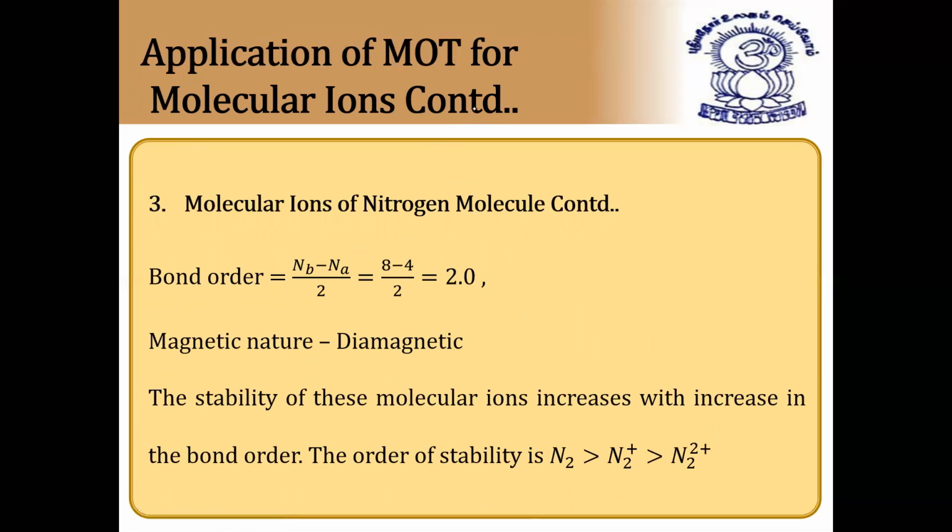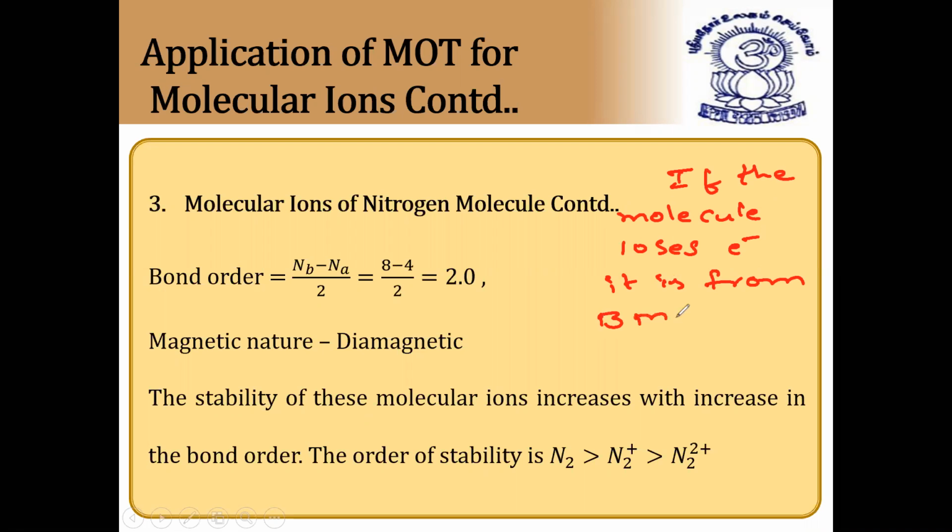One more important point: whenever a molecule loses electrons, it is from the bonding molecular orbital only, as we have seen in these two cases, not from anti-bonding.